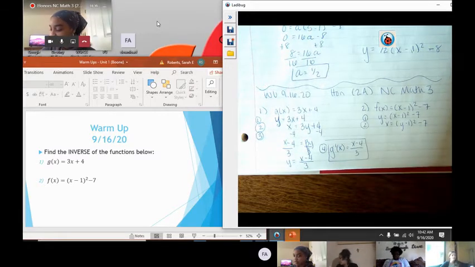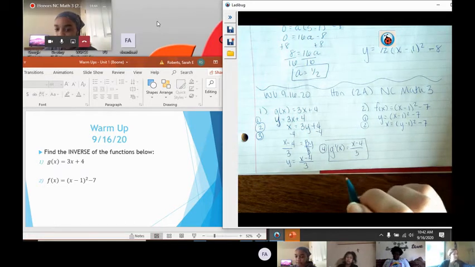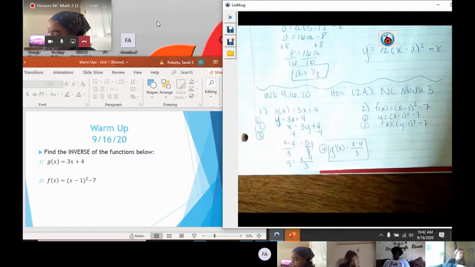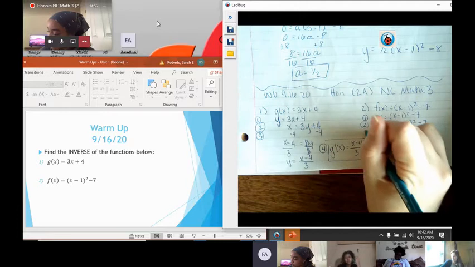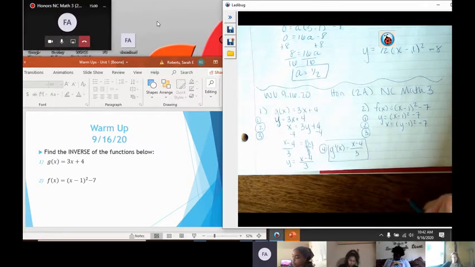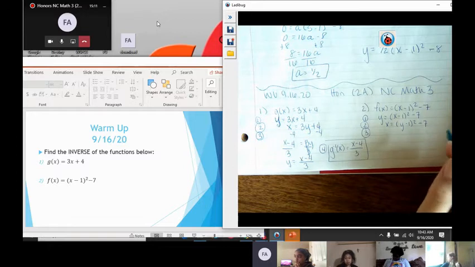Perfect. Good job. Francesca, can you help me out with step 3? How do I solve for y here? Plus 7.